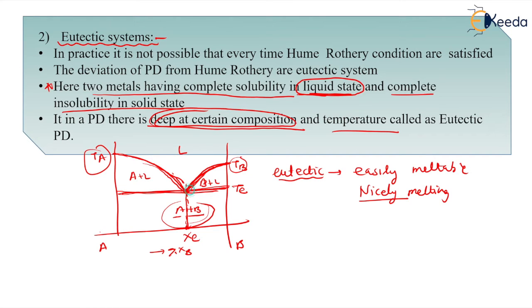The temperature is TE, meaning eutectic temperature, and XE is the eutectic composition. So this is about the eutectic system.